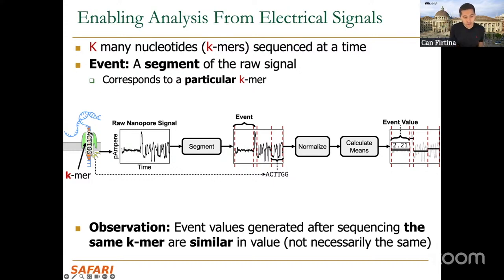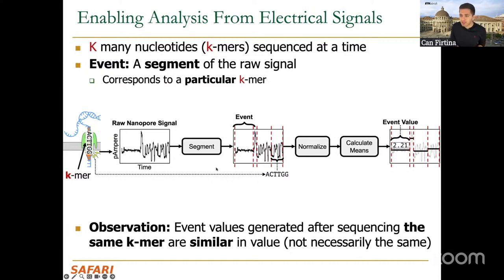Assume we are sequencing this k-mer at different times, right? So we have ACT, TGG again. Now we sequenced it and generated this 2.21 value. Now, maybe in another nanopore or at a different time, we reach that DNA 6-mer or k-mer again, maybe just because it appears in another region in the DNA.